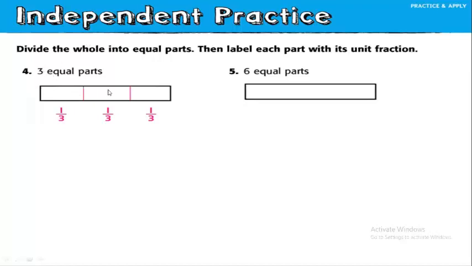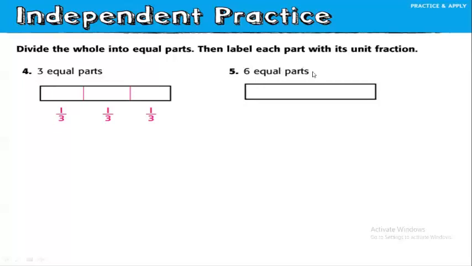So we will divide this shape into 3 as we divided it here. 1, 2, 3. So each part will be 1 over 3. And this is a unit fraction because the numerator is 1. When we see that the numerator is 1, this is a unit fraction. One part of the whole. So one part is number 1 and the whole is 3.